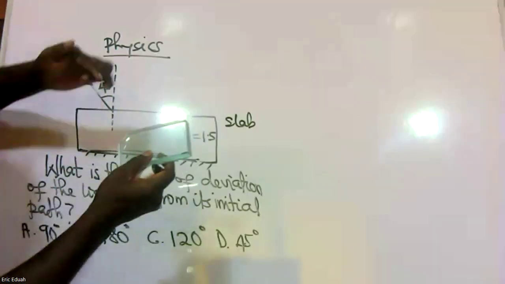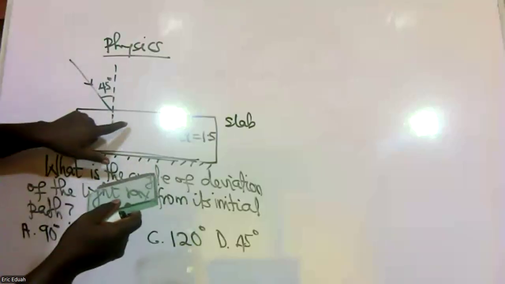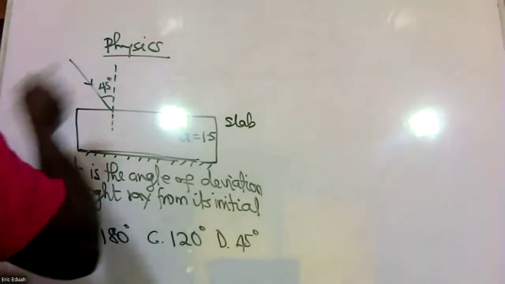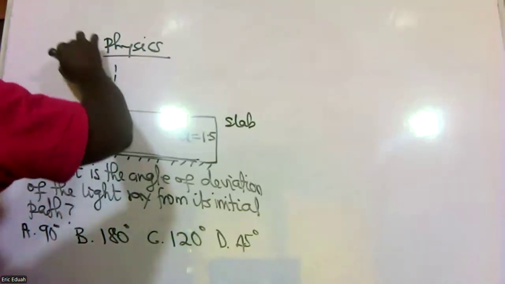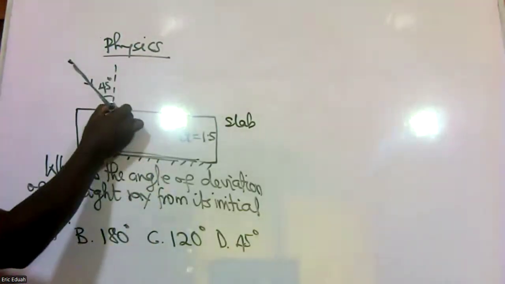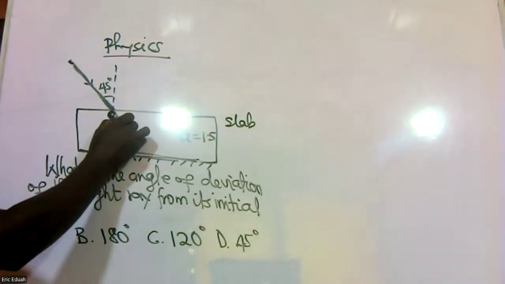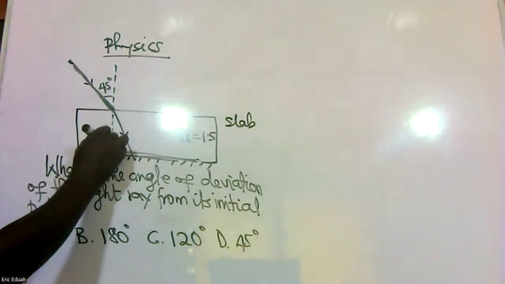So when you incident light here, because it goes from air to glass, it would bend towards the normal. So we'll have this. This becomes the refracted ray. So this is R.